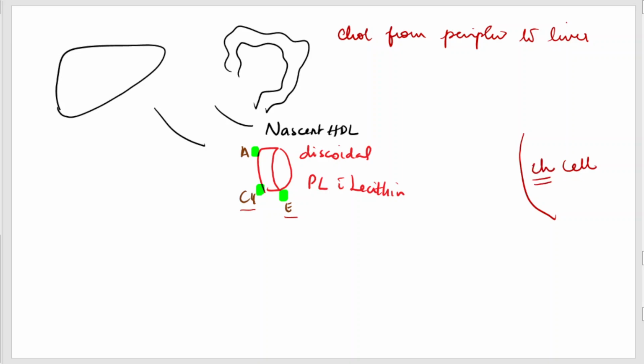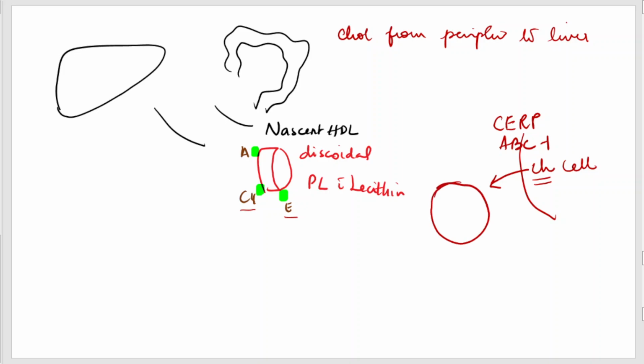So, how is this cholesterol given to the HDL molecules? By a protein called cholesterol efflux regulatory protein, which is an ABC cassette protein. This will efflux the cholesterol from within the cell or the cell membrane to the HDL molecule.